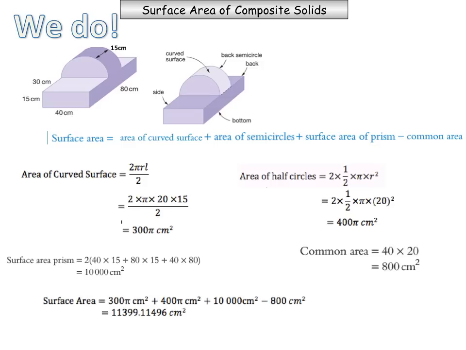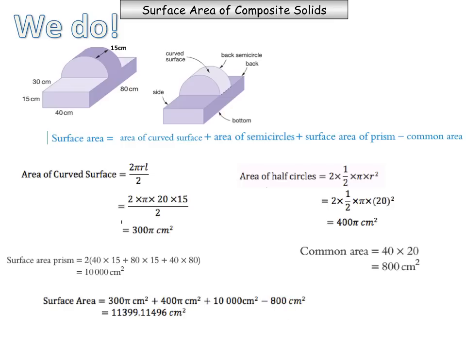Okay, so then we substitute the values back into the original equation that we've written. So substitute our value for the curved surface into the equation, our area of the semicircles, our area of the prism, and we're subtracting the common area.